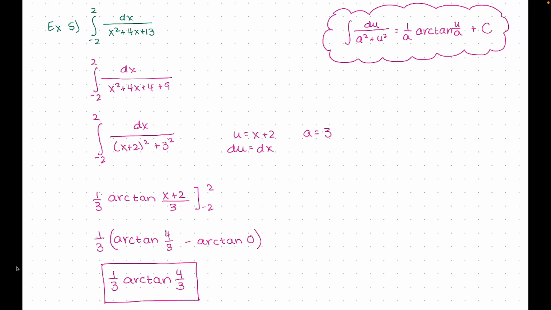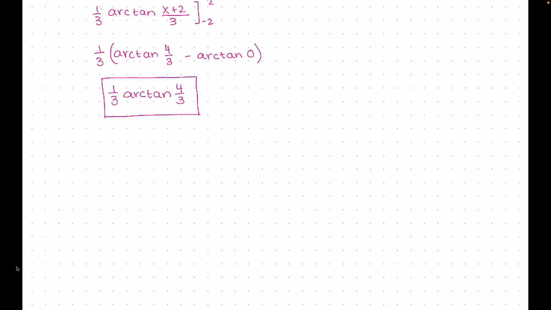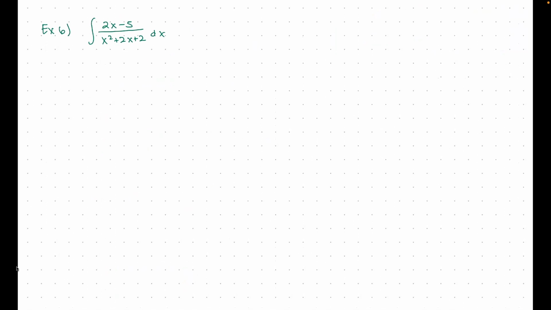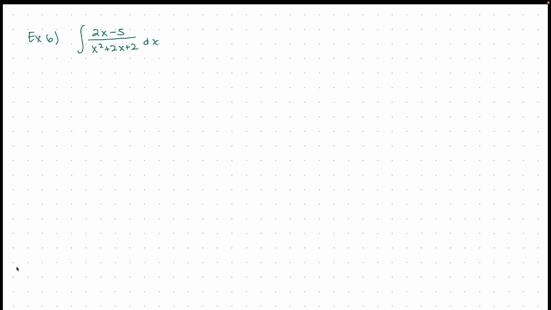Anybody still need more time with this one? All right, here's our next one. So let's look at this one. This one also has a sneaky trick.